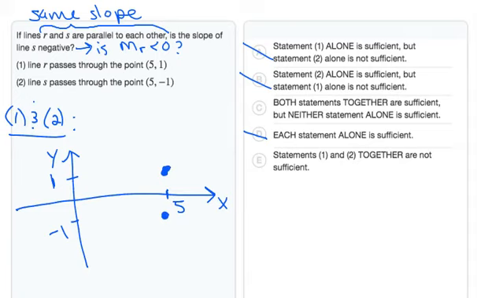We know that R passes through (5, 1), and S passes through (5, -1). We could have R passing through this way with a positive slope. That would mean that S would mirror that, but down here, and those would be parallel.